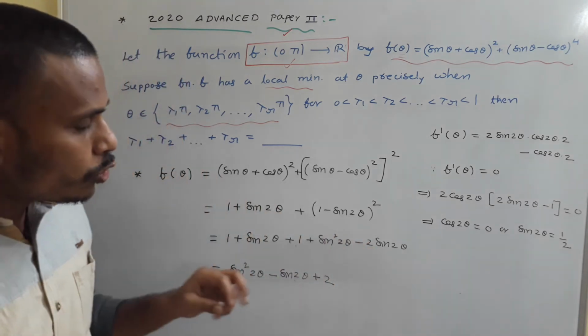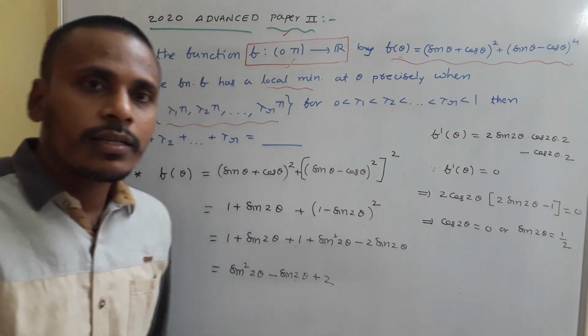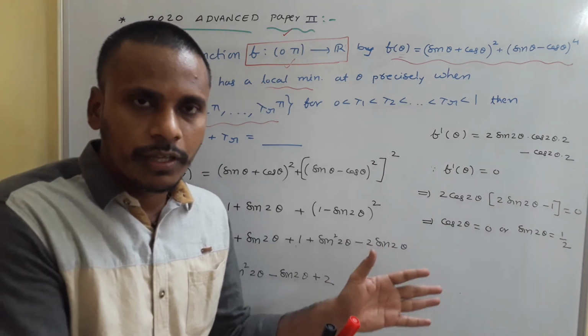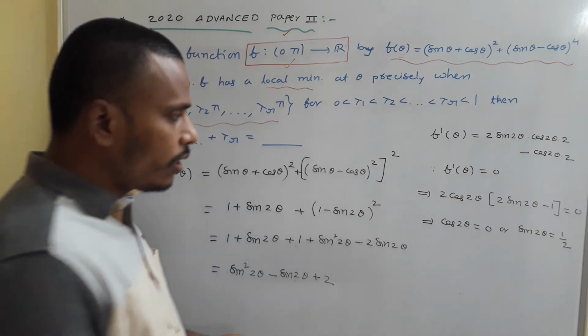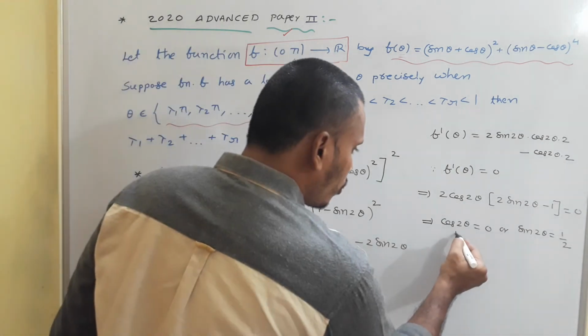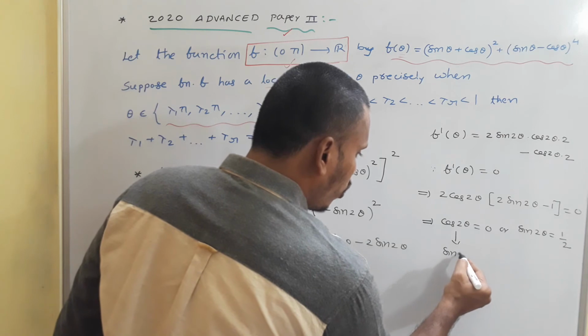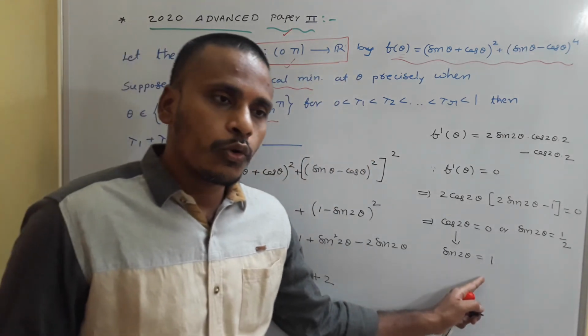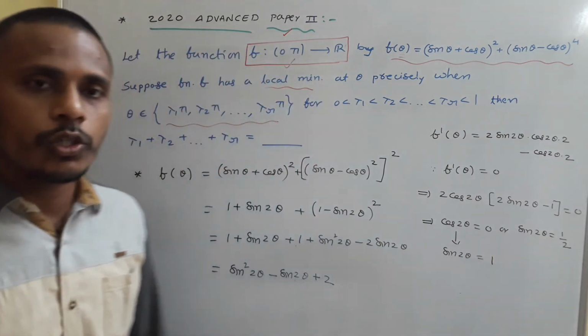If cos 2 theta is equal to 0, what is sin 2 theta? Sin square of something plus cos square of something is always 1, so sin 2 theta is equal to 1. So I have two possibilities: sin 2 theta equals 1, as well as sin 2 theta equals 1 by 2.